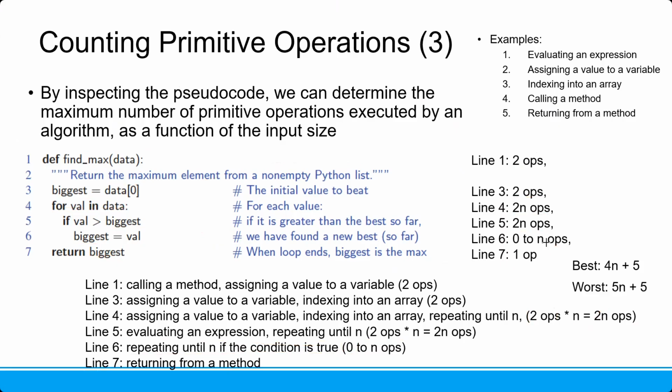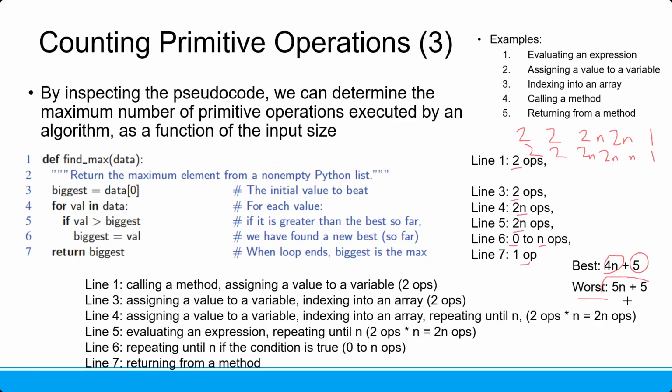If this one is 0, then you can have 2 plus 2 plus 2n plus 2n plus 1. It means 4n plus 1. In the worst case, it means this is 2, 2, 2n, 2n, n, and 1. So 2 plus 2 plus 2n plus 2n plus n plus 1.